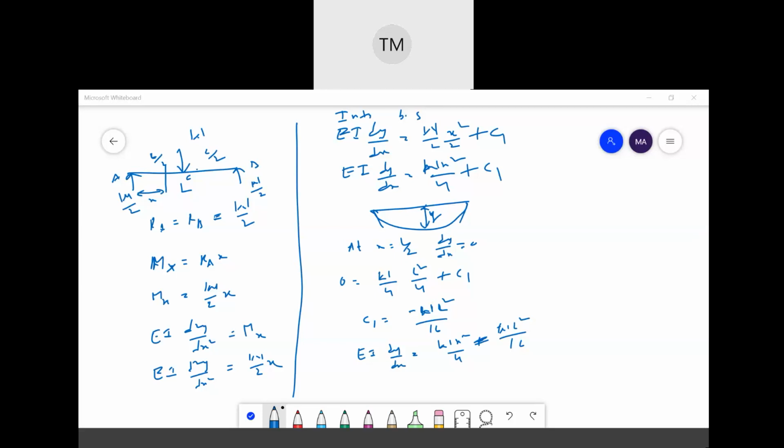Then slope at A. At point A, the value of x is 0. Substitute 0 here. Then dy by dx is equal to 1 by EI into 0 minus WL square by 16.